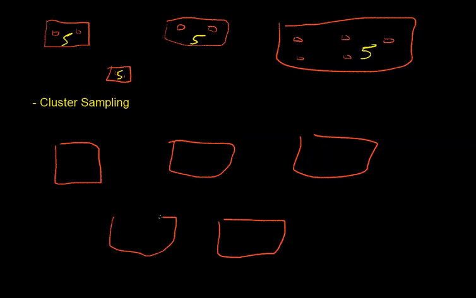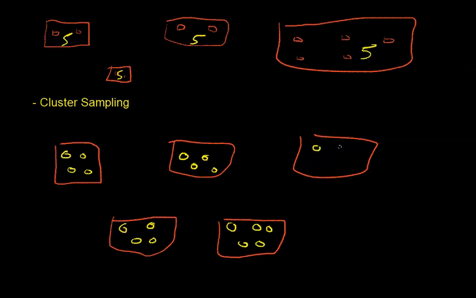So basically change the sampling unit, whereas before it used to be different students, right? These are students sitting in a classroom, right? I know, I'm such an artist, right? So I have all these students sitting in the classroom.